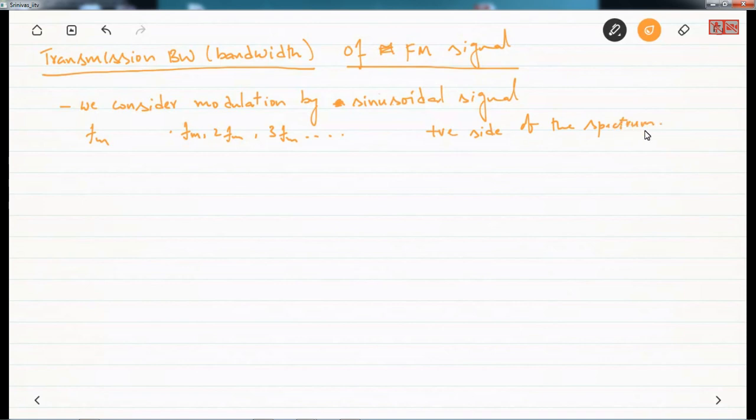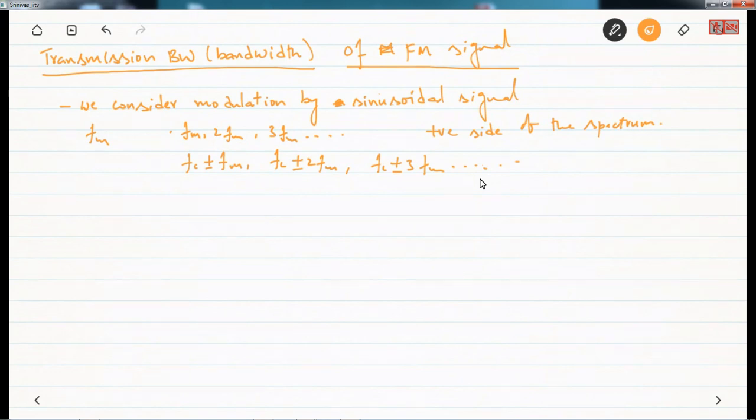Strictly speaking, we have fc plus or minus fm, fc plus or minus 2fm, fc plus or minus 3fm, and so on. So theoretically we need infinite bandwidth to transmit an FM signal.